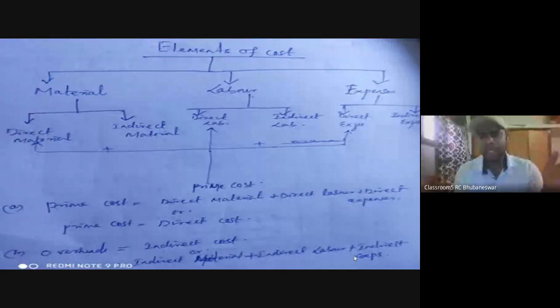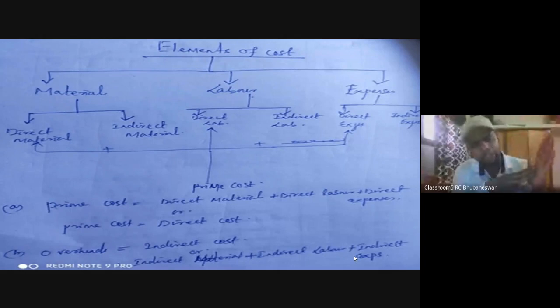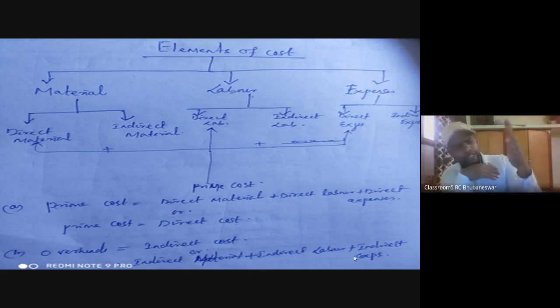But indirect expenses means everything except that, after the product or material reaches the storehouse and when it is being sold, when it goes out from our production unit and is sold to outsiders, customers or contractors who are giving orders to us.